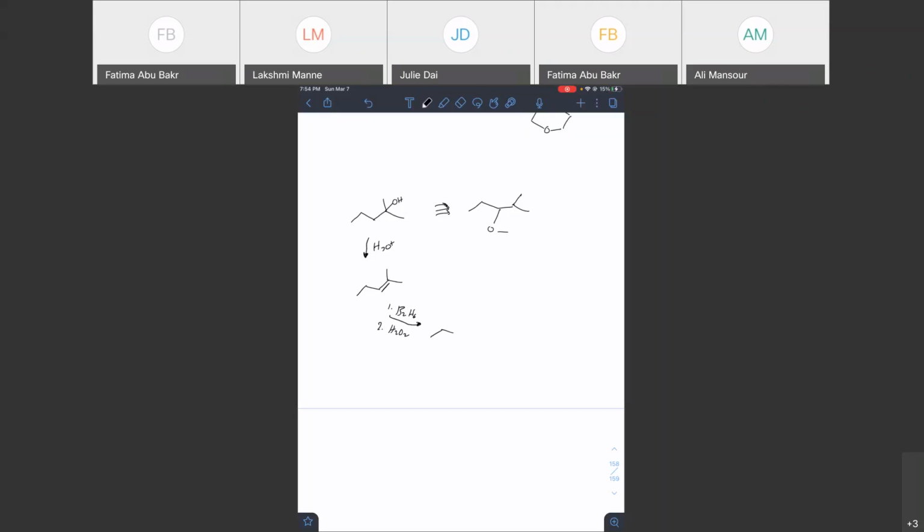What that does is take that double bond away and add an OH here. Then from here, all I have to do is react a second OH with only one carbon on it, with, I think, H3O plus, and that'll basically cause the etherification of the two.